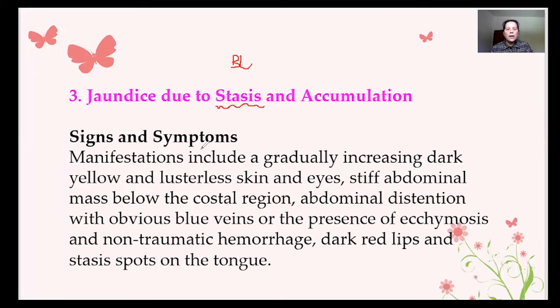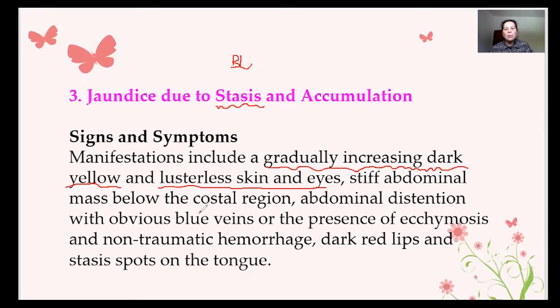Generally, the patient's skin color gradually increases, becoming more dark yellow, and losing the luster on the skin and on the eyes.